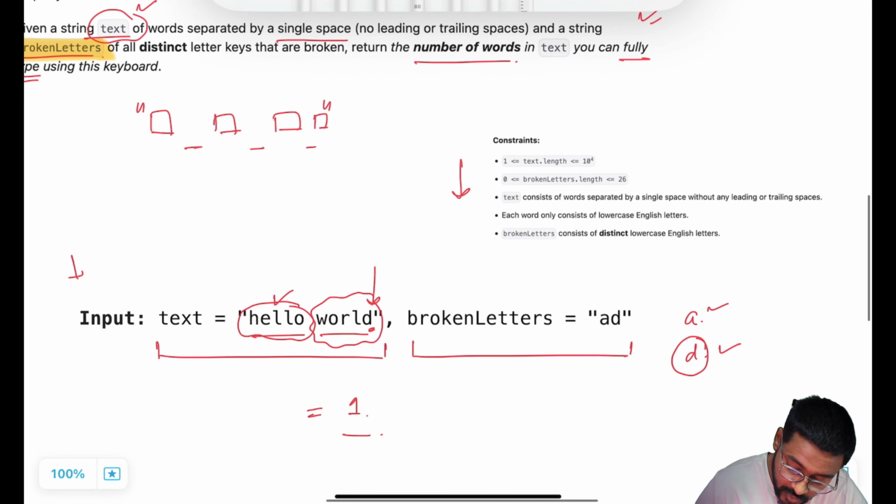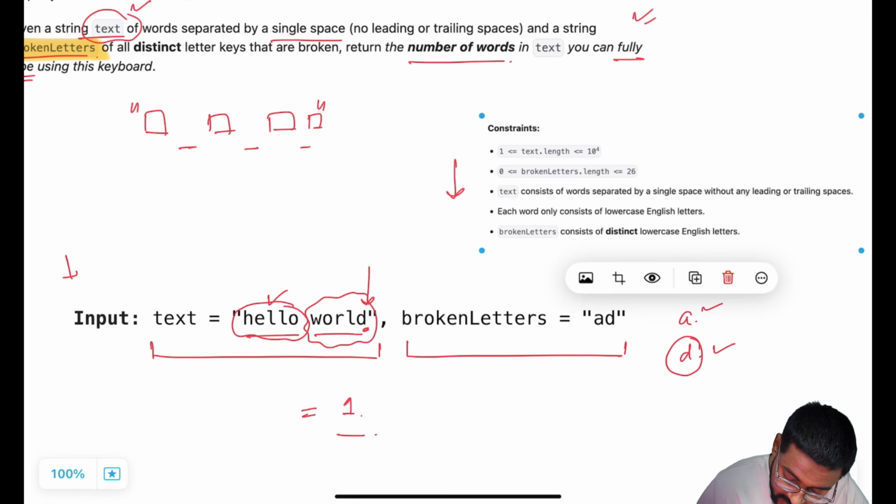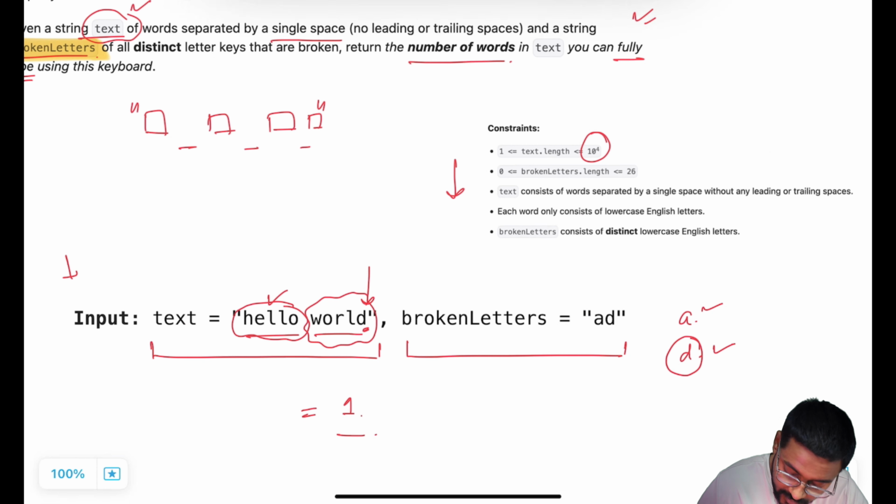Let's also have a look at the constraints. In the constraints, they are saying that the text length is going up to 10 to the power 4, and broken letters length is less than or equal to 26. They are only considering lowercase English letters. Text consists of words separated by a single space without leading or trailing spaces, and each word only contains lowercase English letters.